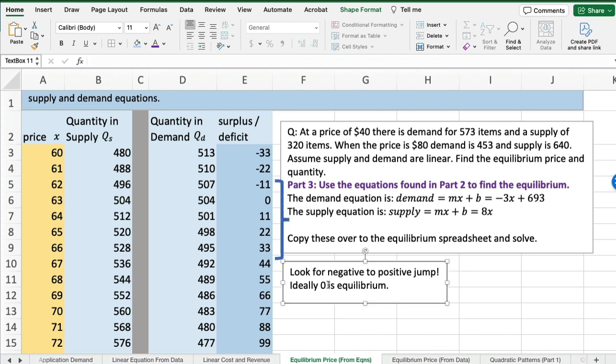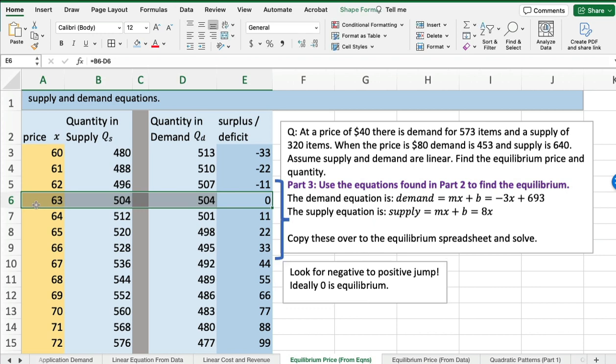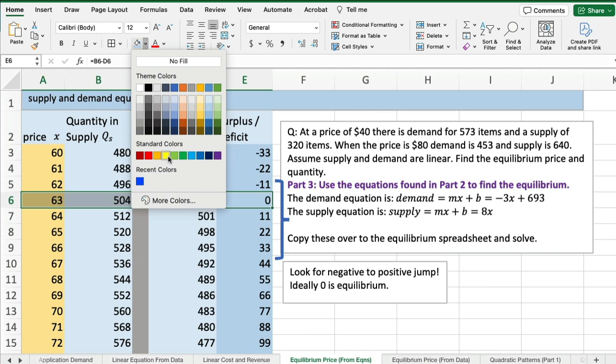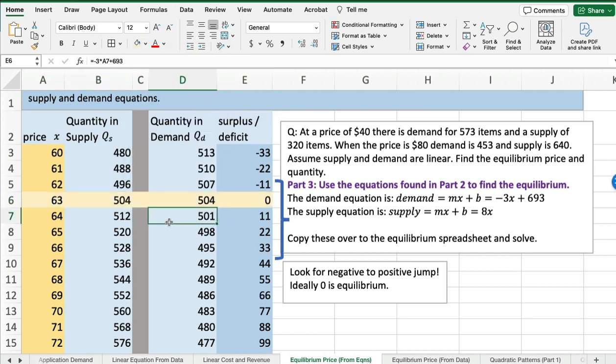So a 0 surplus or deficit is your equilibrium price and quantity. So basically I can go across here and recolor that in, because I just decided that whenever we found our equilibrium, I would change the color. And we can always go back to the original if we were doing a different problem.